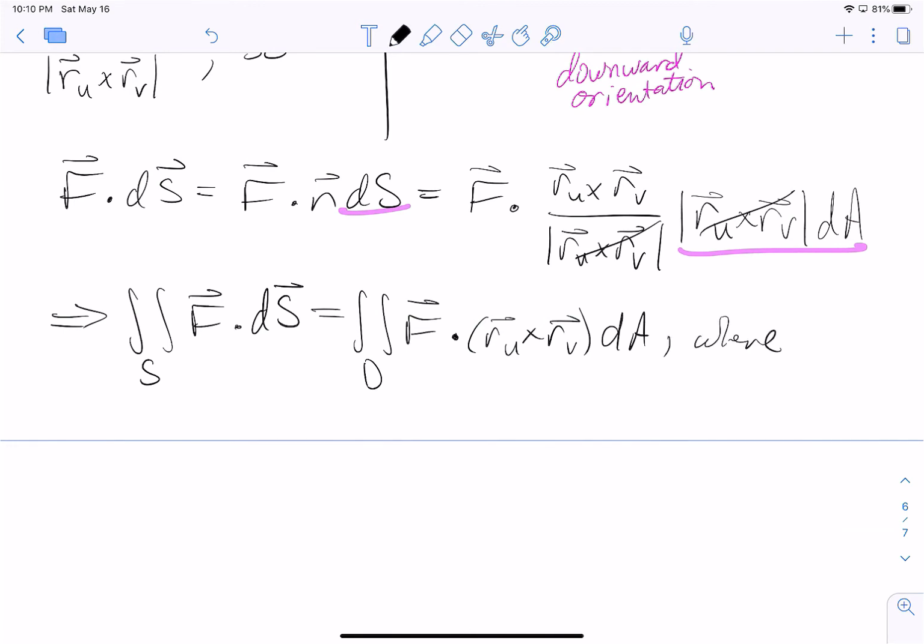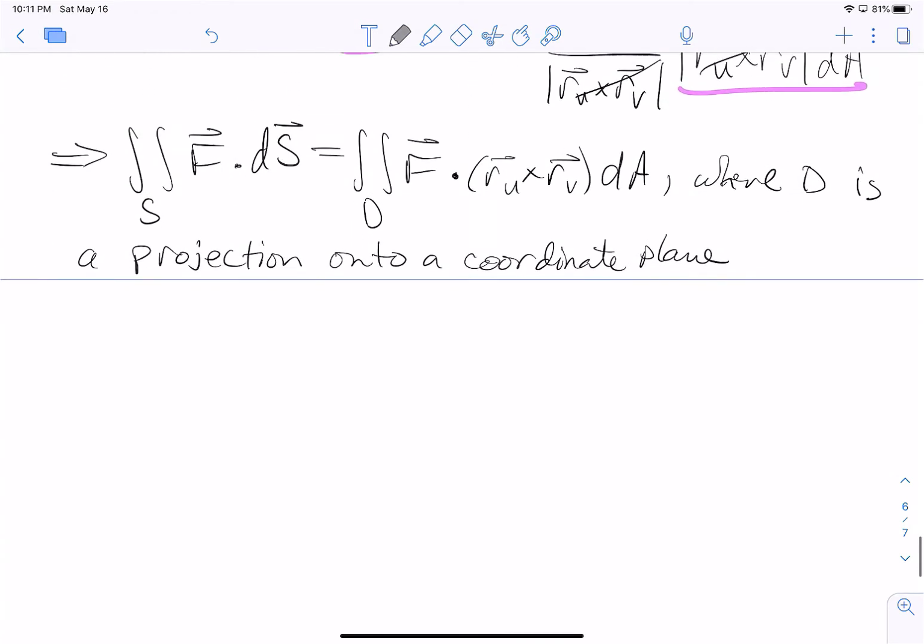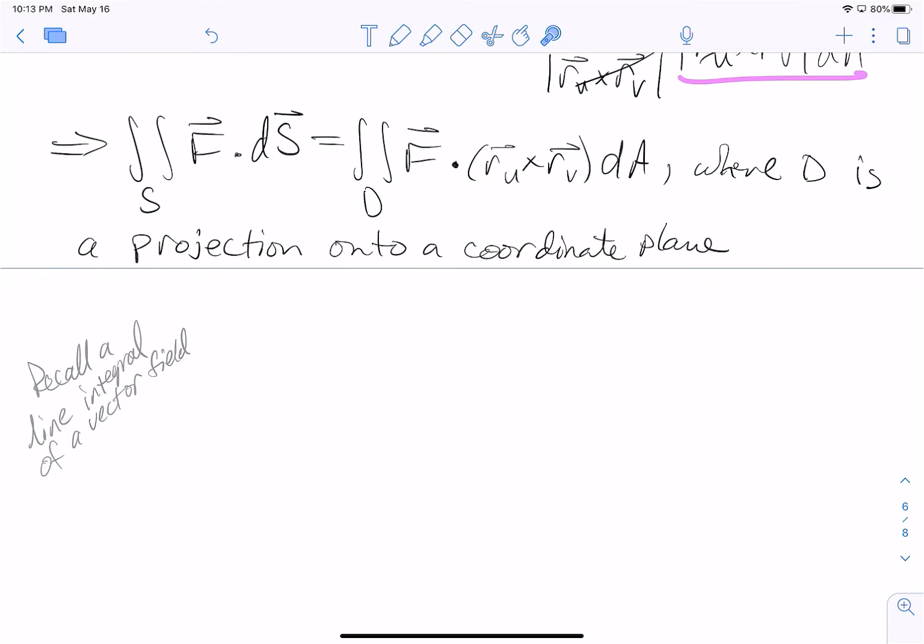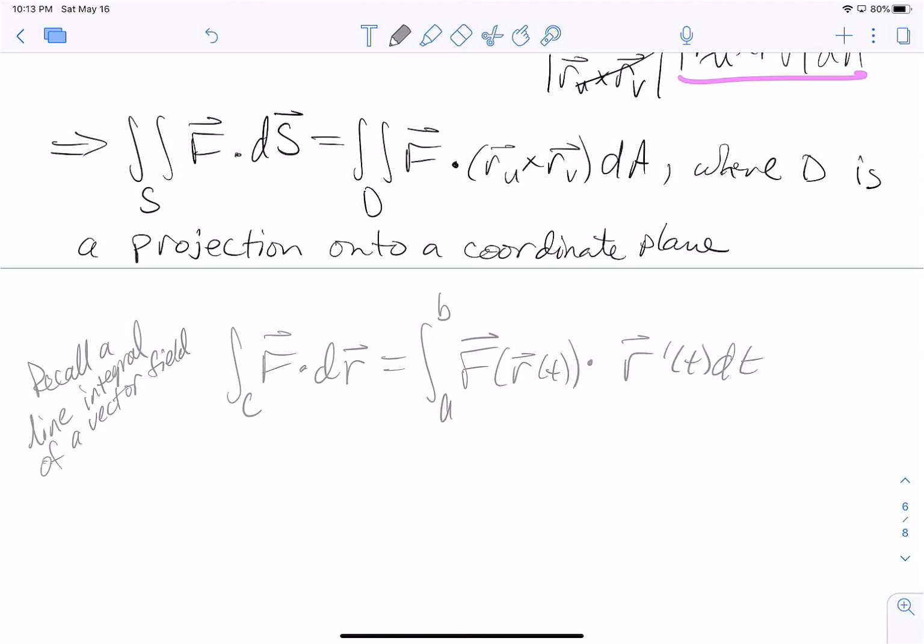where D is a projection onto a coordinate plane. We're going to note another similarity. Recall a line integral of a vector field is the line integral over C of F dot d vector r, which is equal to the integral from a to b of F of r of t dot r prime of t dt.